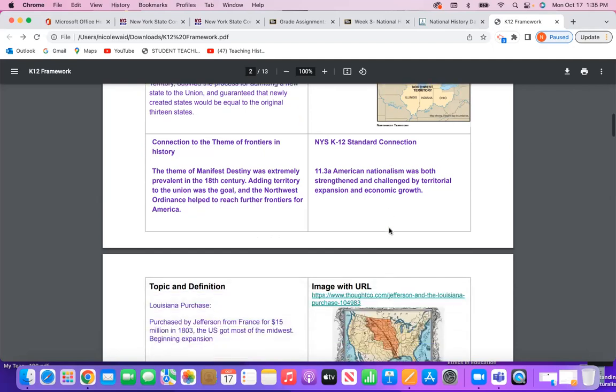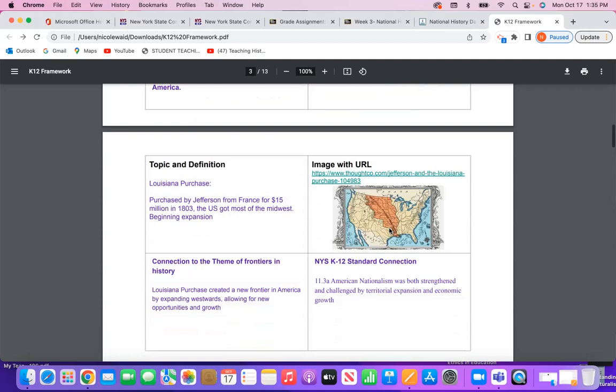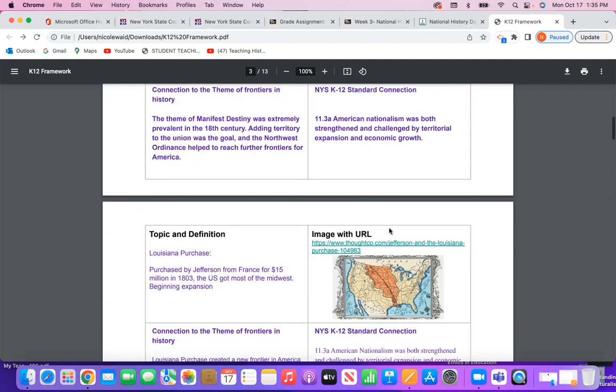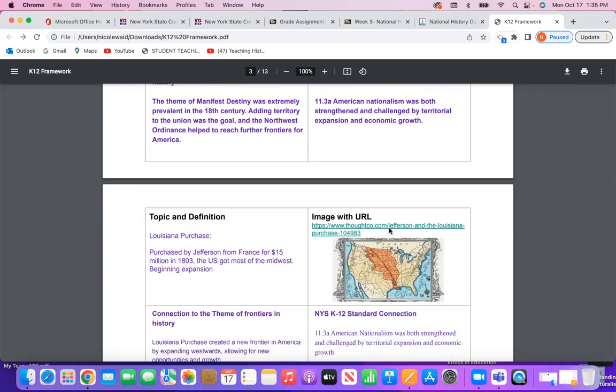Then we have the Louisiana Purchase. And again, the nice thing about these standards is that, like I said, they're so broad. So you can add a lot of different topics into the same standard. So you can easily take a National History Day project in your classroom and focus just on one standard.